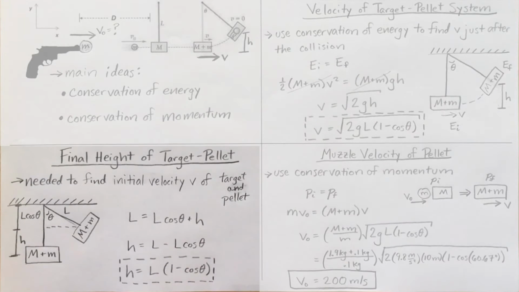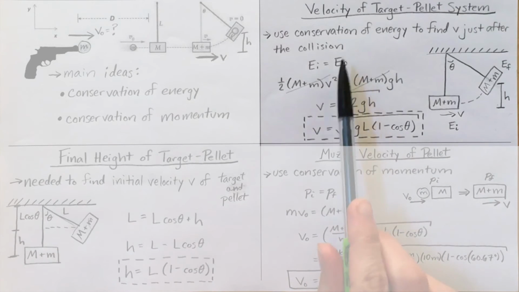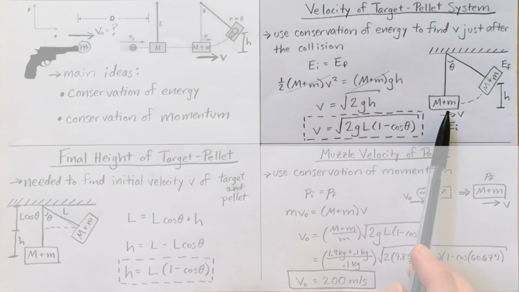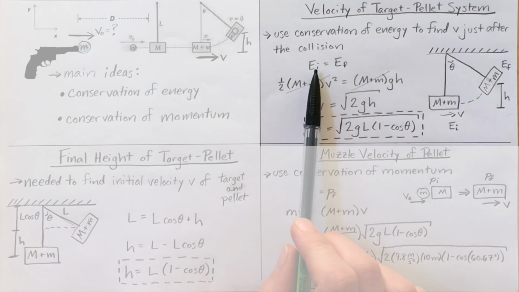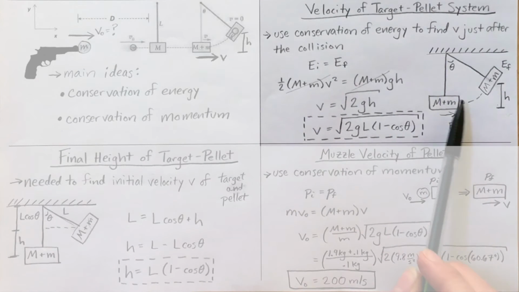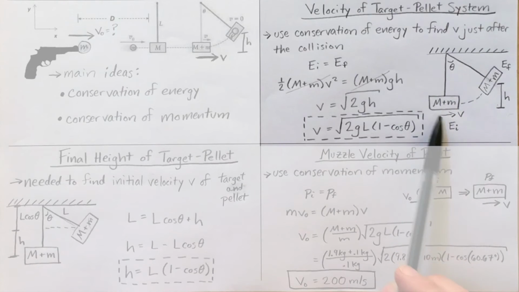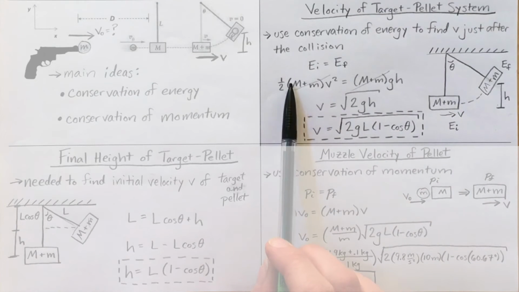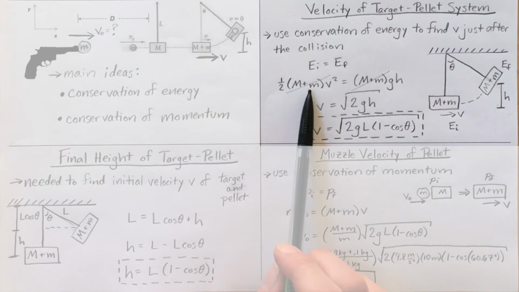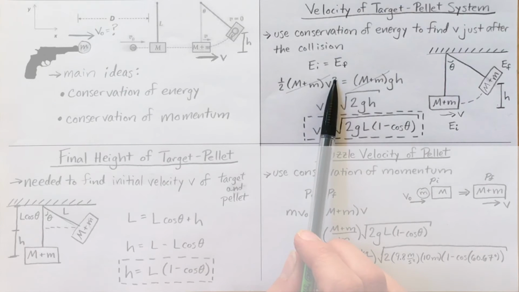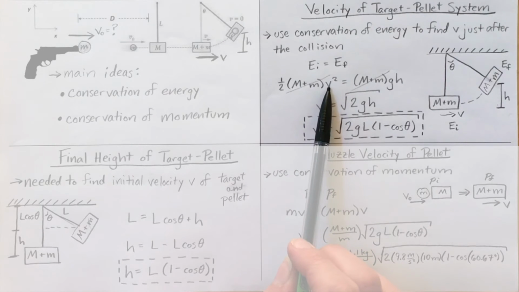We can now use conservation of energy to find the velocity of the pellet and the block right after the collision. Initially, all energy is kinetic, so we can write the energy of this part of the system as 1/2 times the sum big M plus little m times the velocity squared, which is what we're going to want to find.